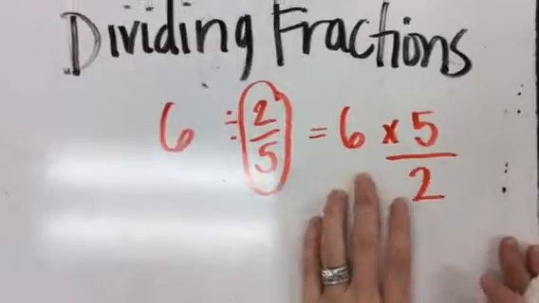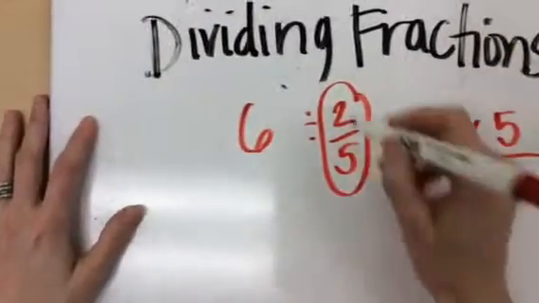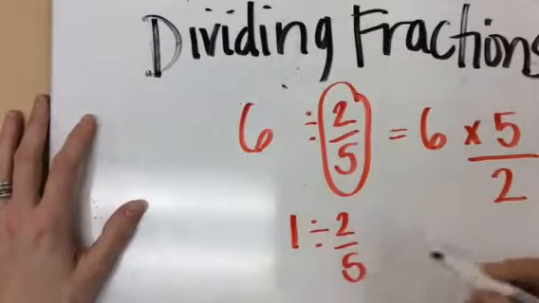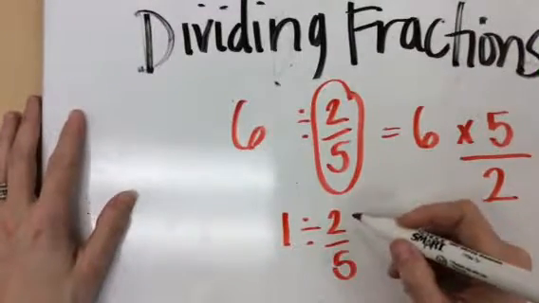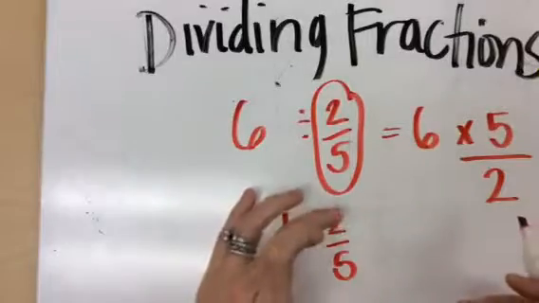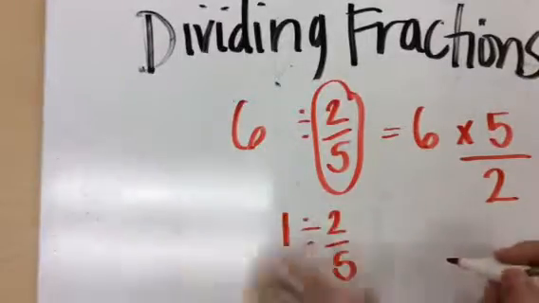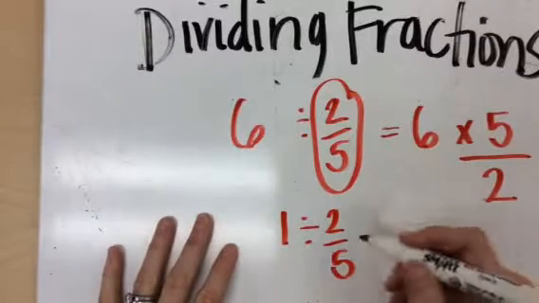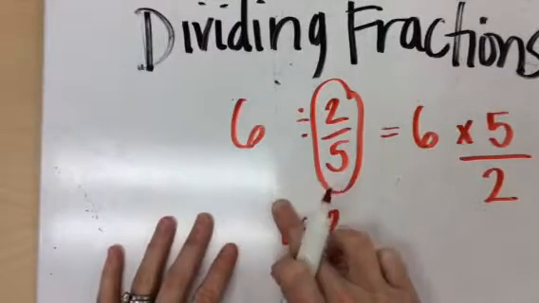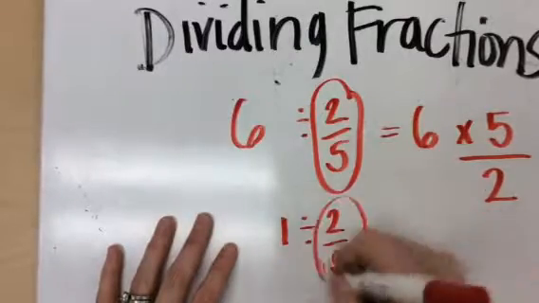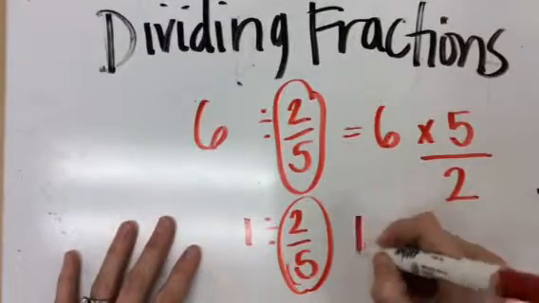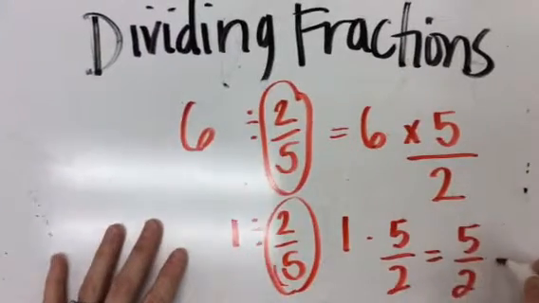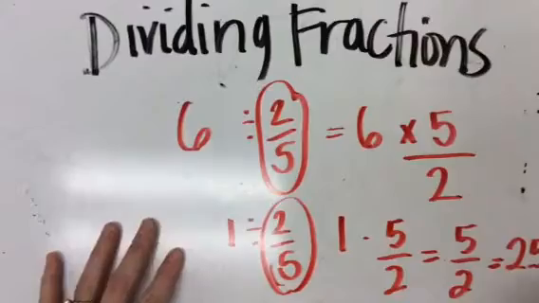Because if I did 1 divided by 2/5, like I was just doing in that last example, there'd be a little bit more than 2 of the 2/5 that go into 1 whole. So you would say there'd actually be times 5 over 2. There'd be 2.5. It'd go in 2.5 times.